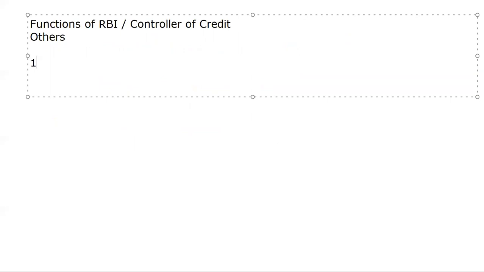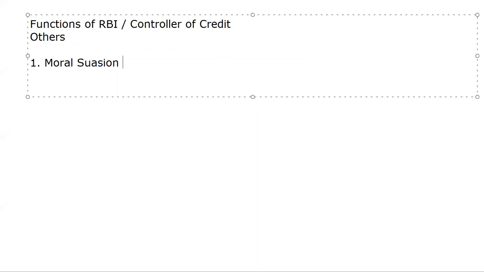In others, number 1, it is known as moral suasion. Under moral suasion, it is exercised through discussions, letters, speeches, and hints to the banks. The Reserve Bank frequently announces its policy position and urges the banks to cooperate in implementing its credit policies. Got it?